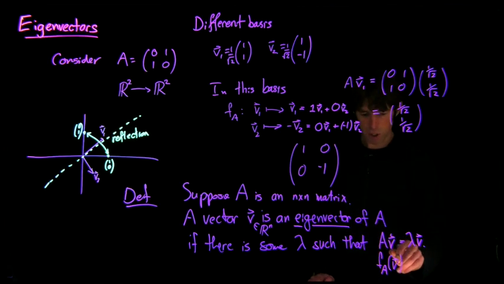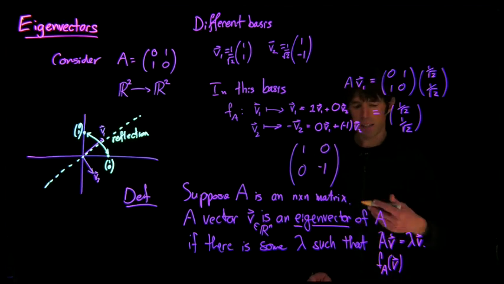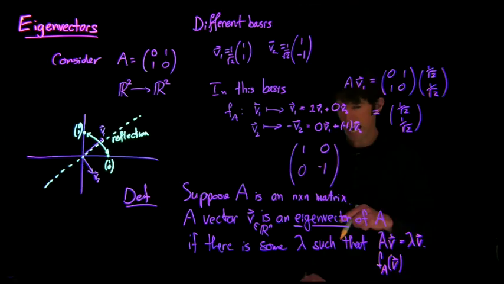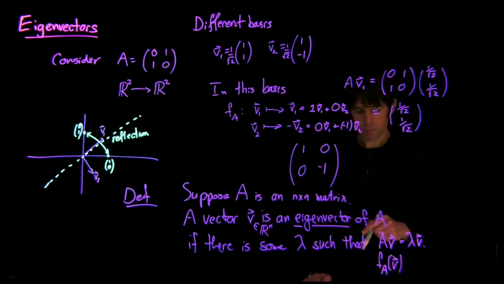So we take v as input, and we multiply it by the matrix A, and that gives us an output vector. And since this is an n by n matrix, the output is the same size as the input. So we can compare the output to the input. And if the output is a scalar multiple of the input, then we say that that particular v is an eigenvector.